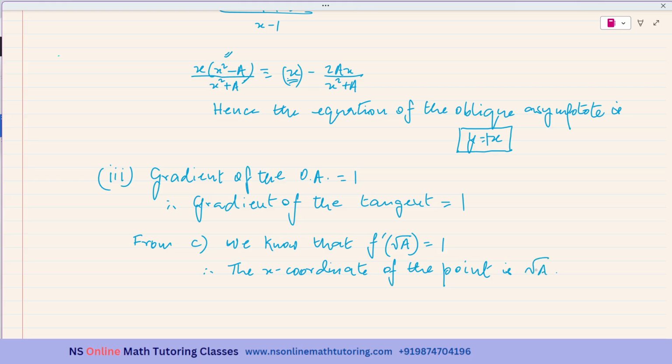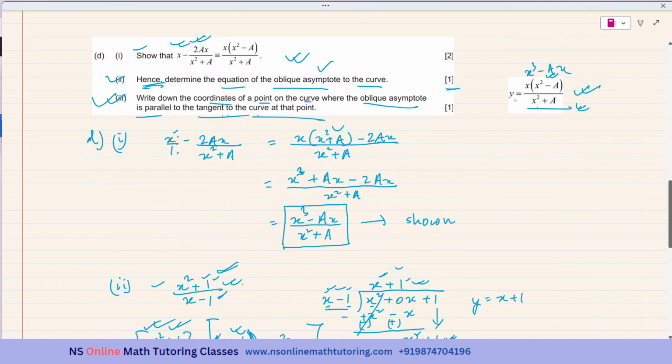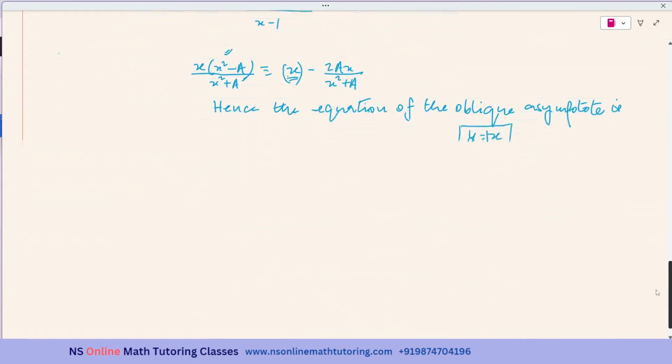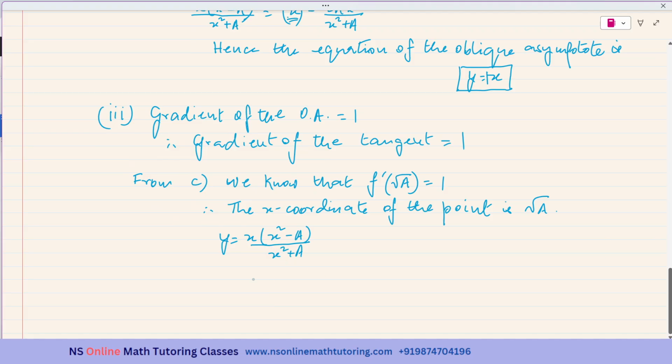And what is the y coordinate? For that, we again go back to the expression y equal to x times x squared minus a over x squared plus a. Now we will be substituting this root a in place of x.